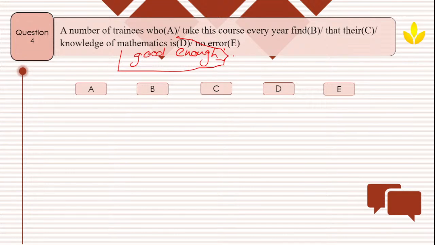Anybody? Okay, and since nobody is there, there is no error in this sentence. The error is this part that has been a typo, that is the mistake. Next question.